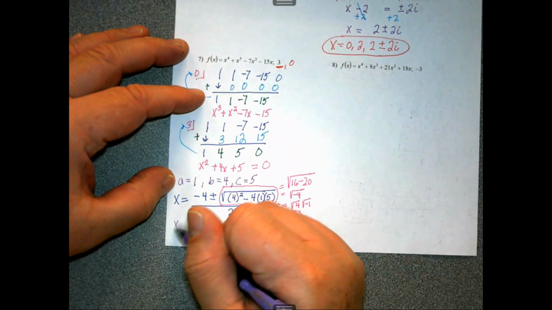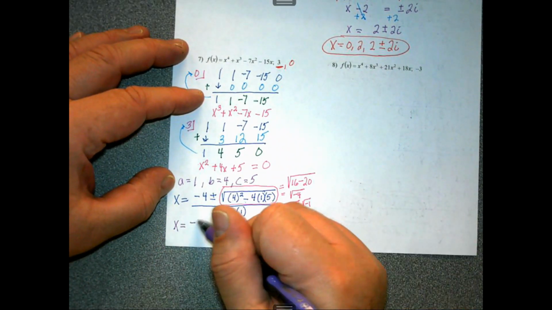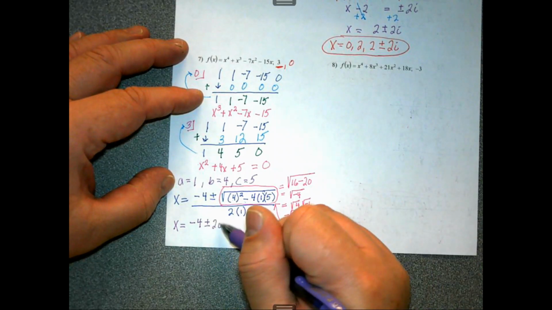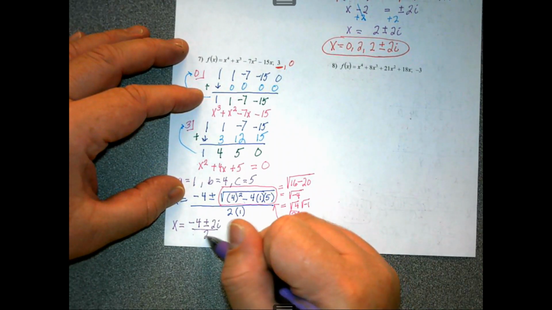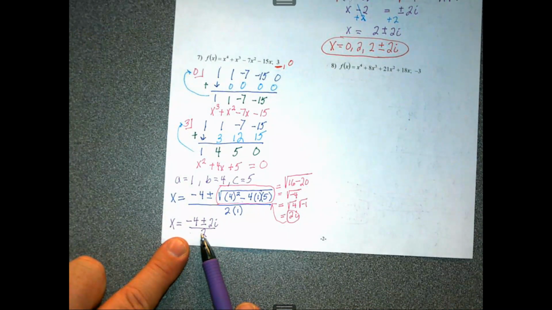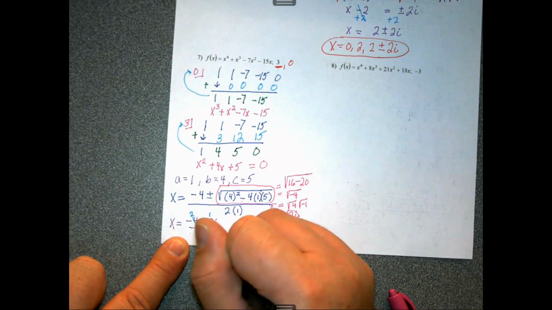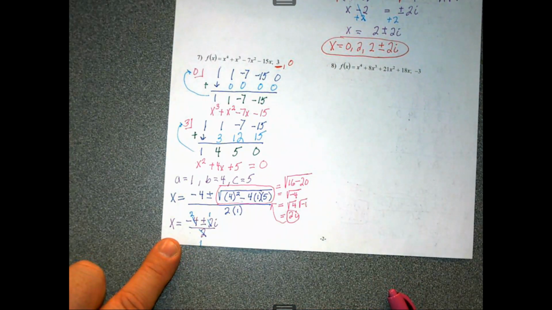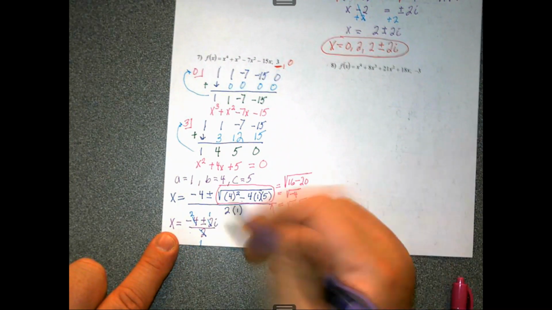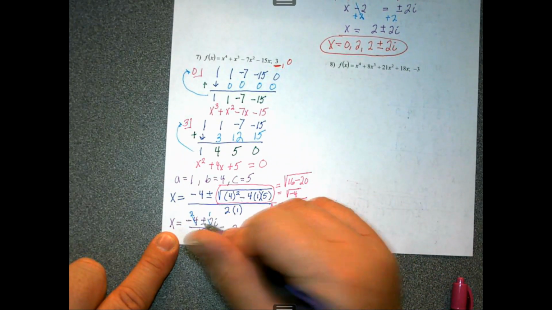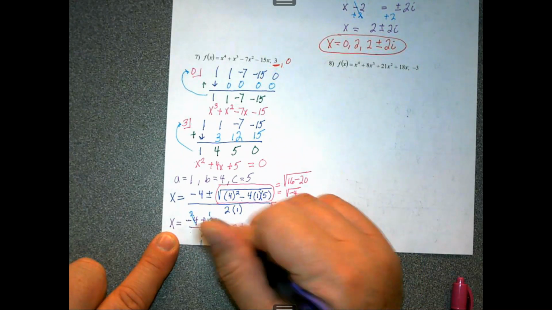So I get x equals negative 4 plus or minus 2i all over 2. There's a factor of 2 in every term. 2 goes into 4 twice, goes into 2 once, goes into itself once. So here's my other two zeros. Negative 2 plus or minus 1i or just i.